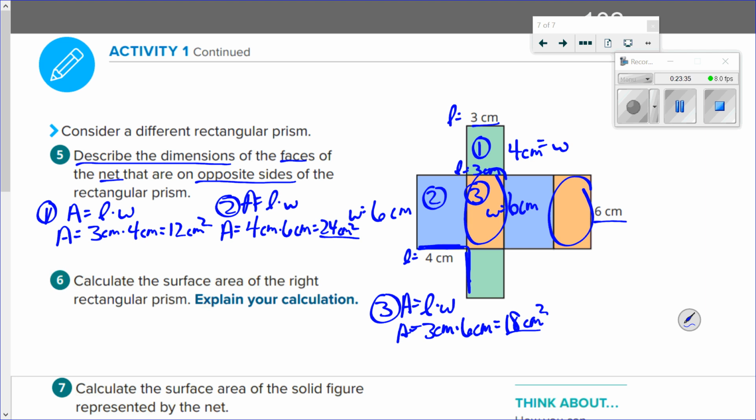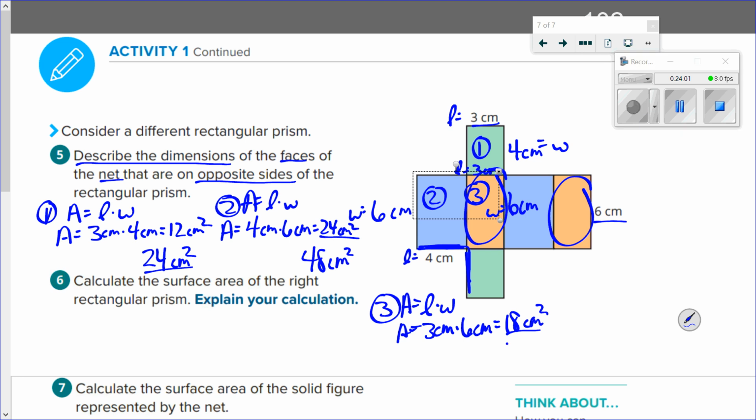At this point, how many green shapes do I have? 2. So if one of them is 12, 2 of them would be 24. How many blue shapes do I have? 2. So if one of them is 24, 2 of them would be 48. On our last shape, how many of the browns do I have? 2.